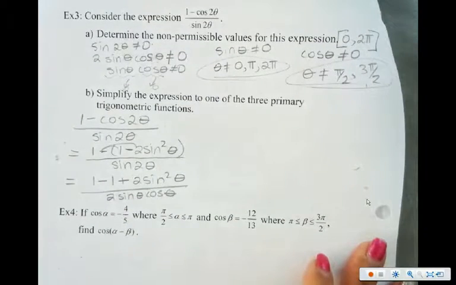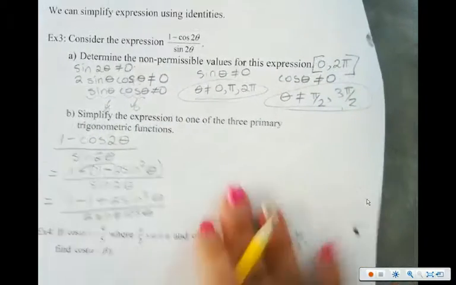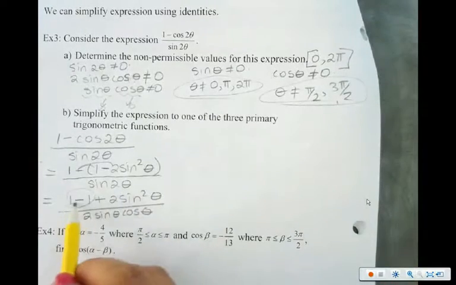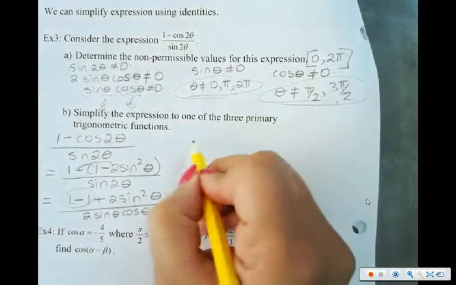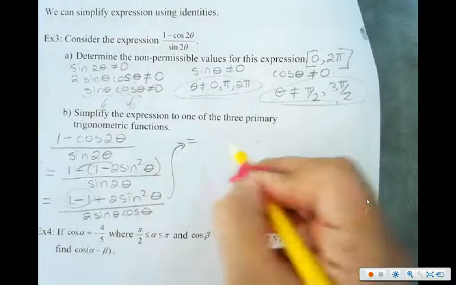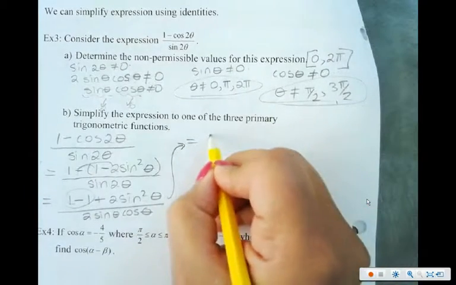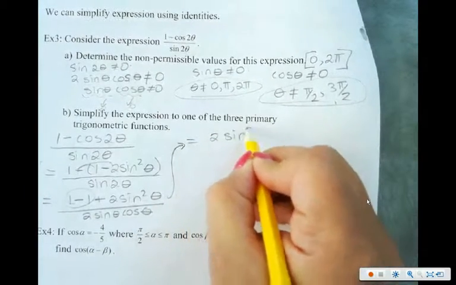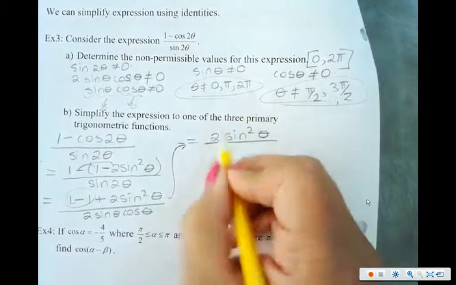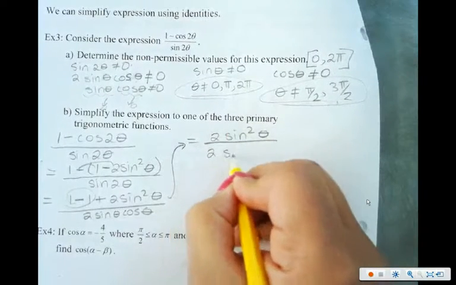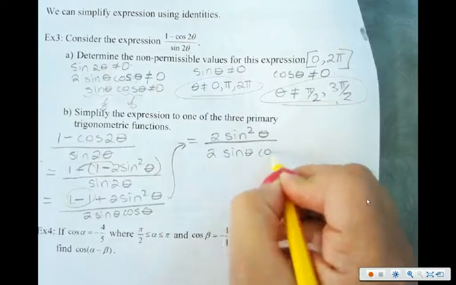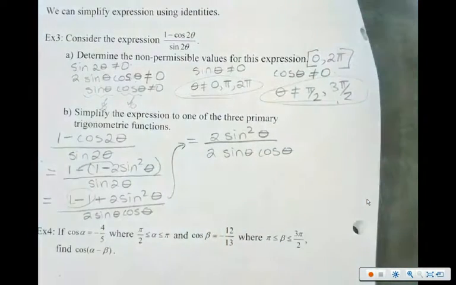All right, so now let's simplify things. These 2 are equal to 0. And then I've got 2 sine squared theta over 2 sine theta cos theta.